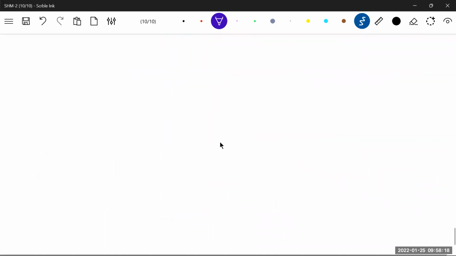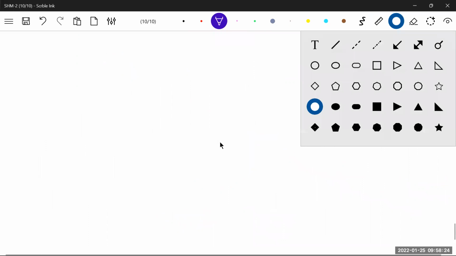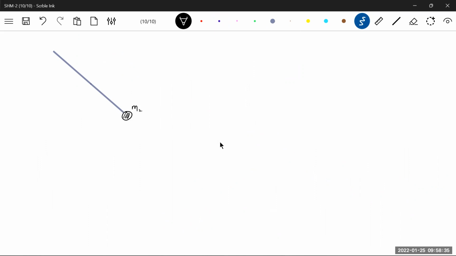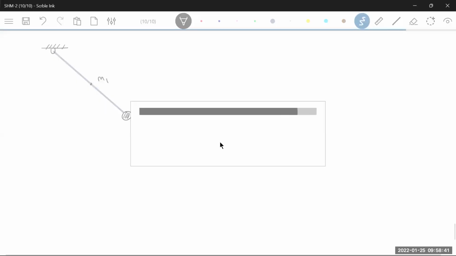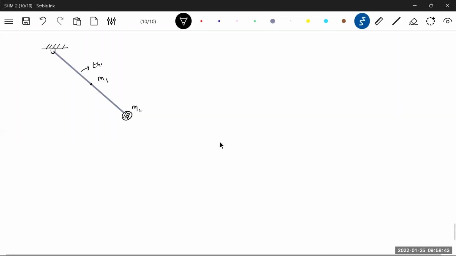Now connecting rigid bodies. If we have a bob, and also I'll suspend a bob here. There's a thin rod.